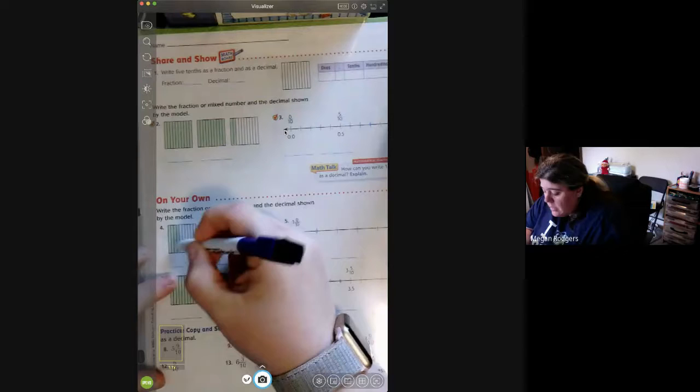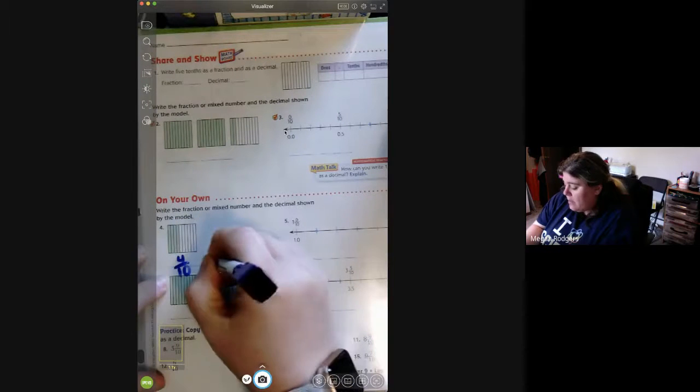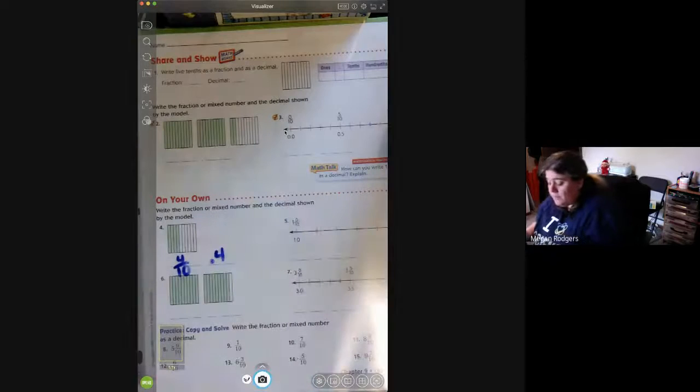Alrighty. I think I just wrote on my chair. Checking down the bottom here, those are divided into 10 parts. There are 4 of them shaded in, so this is 4/10 or 0.4. Coming over here, I have to look at where my numbers go to. They only go to 5/10, which means each of these is 1, so this is 1 and 1/10.